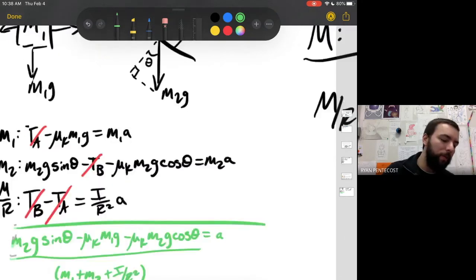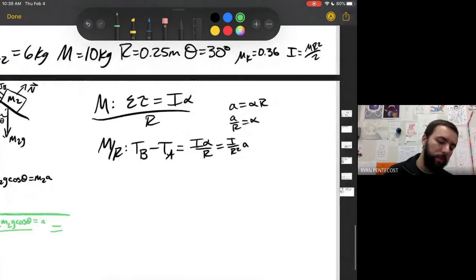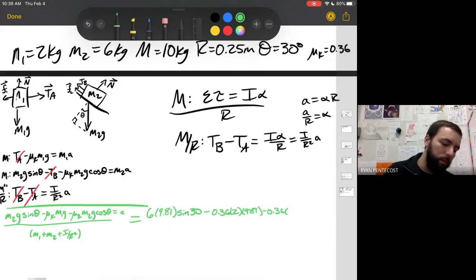Because now we have givens. So now all of this has a value. I'm going to write a little bit bigger so that I can fit all this. M2 is 6, G 9.81, sine of theta, which is 30, minus mu, which is 0.36, M1 is 2, G 9.81, minus 0.36, times, what is our M2?